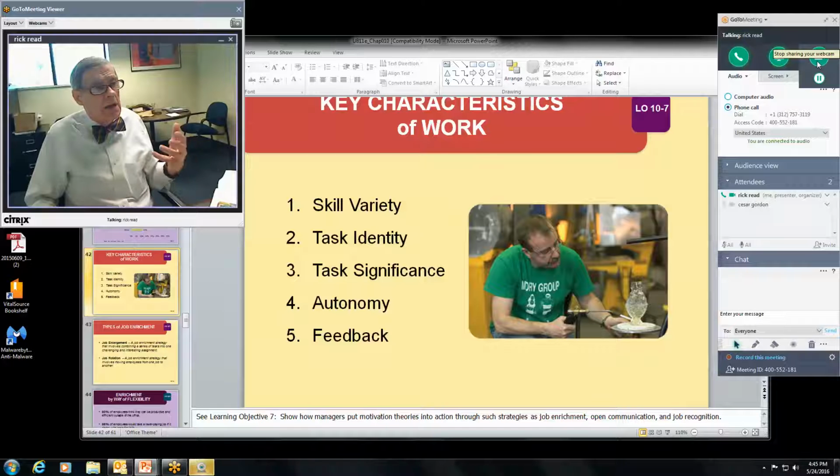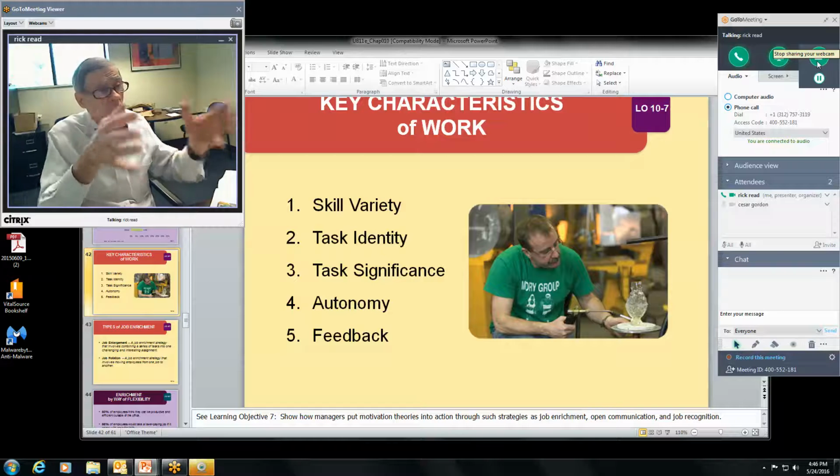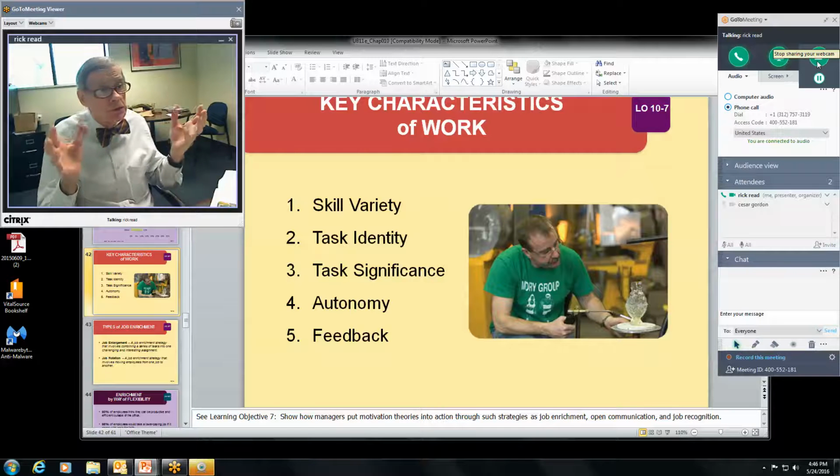There's some autonomy to it, and then they're going to get feedback on what they've done. Now, one of the big things here, at least as far as I'm concerned, is when you're into job enrichment, you're going to give the employee all the tools, resources, if you prefer that word, that he or she needs to accomplish the job and then get out of the way.